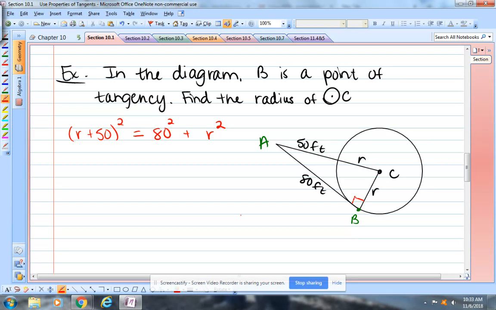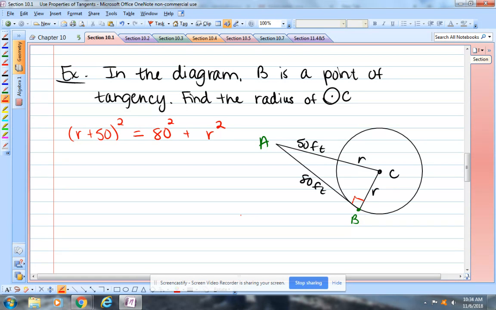Now, y'all, let's go back to algebra. Let's go back to Algebra 1 specifically, which was just last year. For some of you, it was last semester. What does it mean to square something? Multiply it by itself.